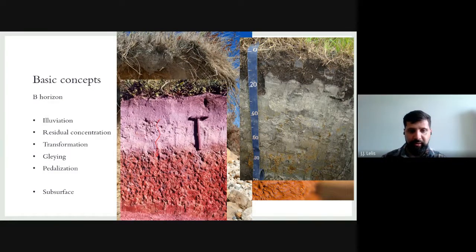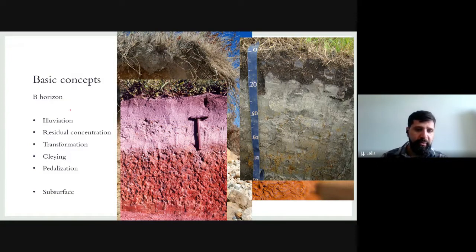It creates a texture that's very different from here to here. As you can see, this white horizon seems very sandy, and here we have a clayey and dark red horizon. So it's a B horizon too.